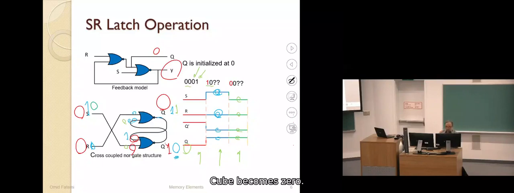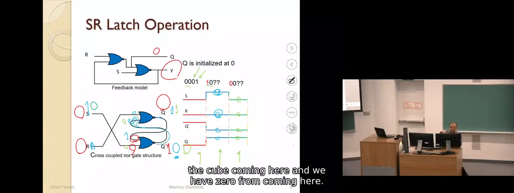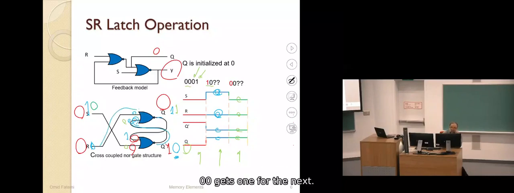Okay? So Q bar becomes 0. When Q bar becomes 0, the Q bar coming here, and we have 0 from R coming here, 0 nor 0 gets 1. So for the second slot, we get 1 for Q, 0 for Q bar.